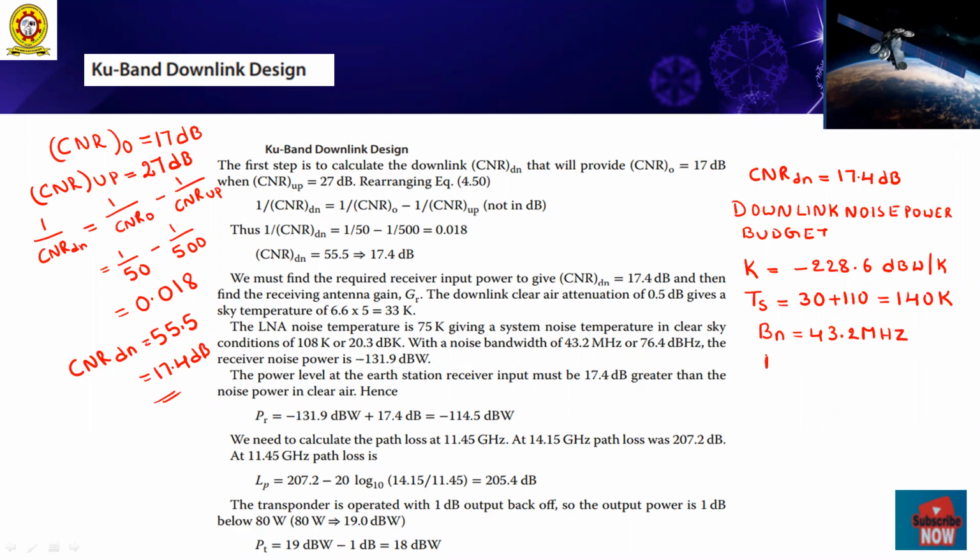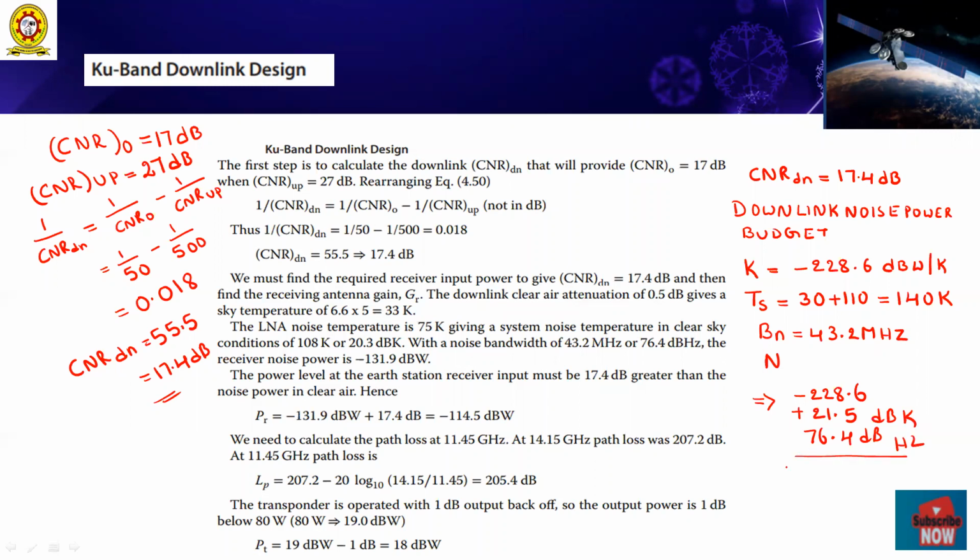And what is N, the noise at the transponder? While calculating all of it: minus 228.6, plus 21.5 dBK for the noise temperature, plus 76.4 dB for the bandwidth.